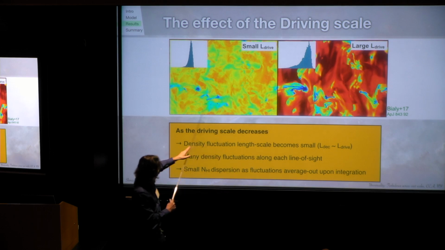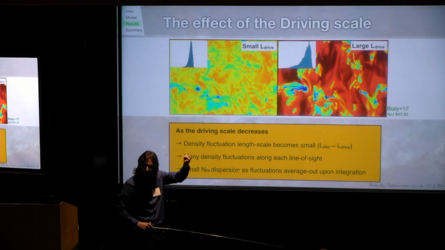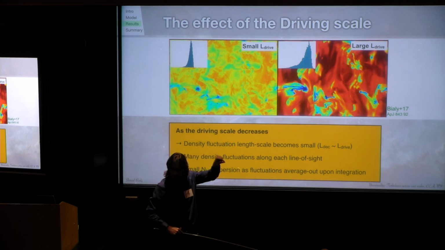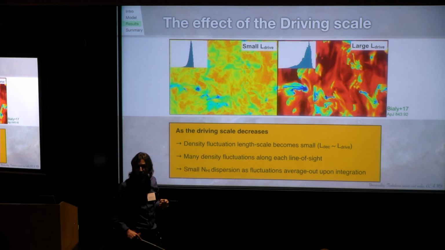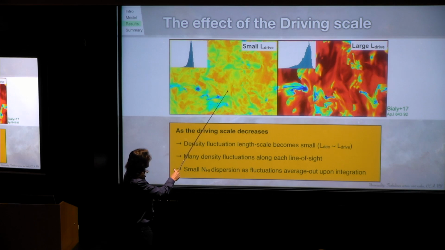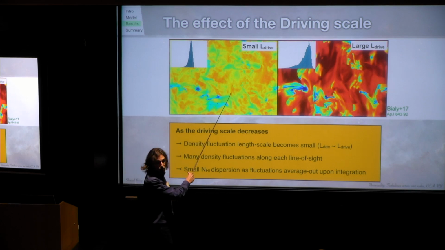As we decrease the driving scale, we have many, many small density fluctuations. As we integrate along a line of sight, we integrate them over. Positive and negative density fluctuations average out, and different lines of sight become more alike. For that reason, this H1 map becomes more uniform.